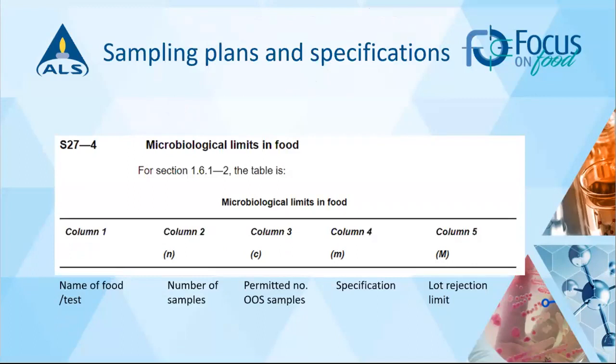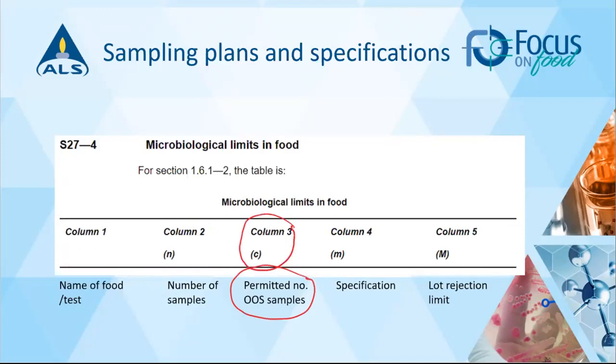So we can see that the table has 5 columns. The first contains the name of the food and the test that the food has to be tested with. And column 2 stipulates the number of samples that need to be taken in order to be tested.